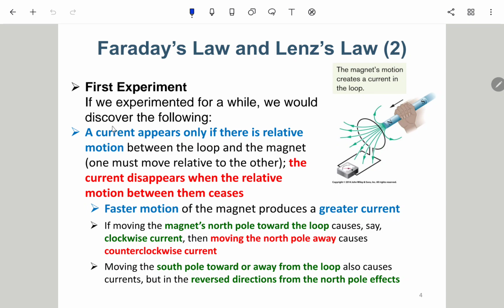Okay, so here it says if we experiment for a while, we would discover the following facts. A current appears only if there is a relative motion.